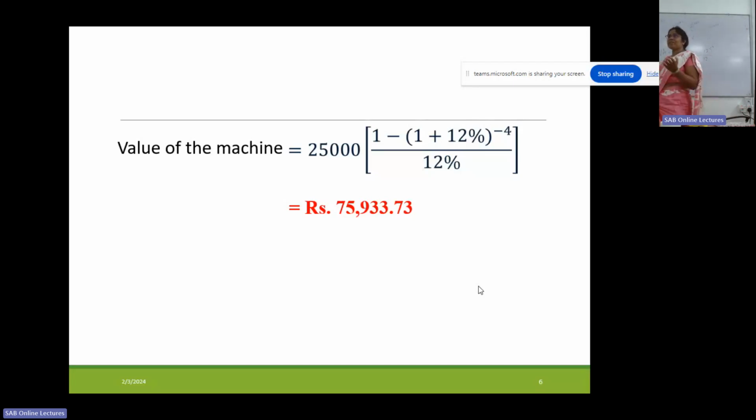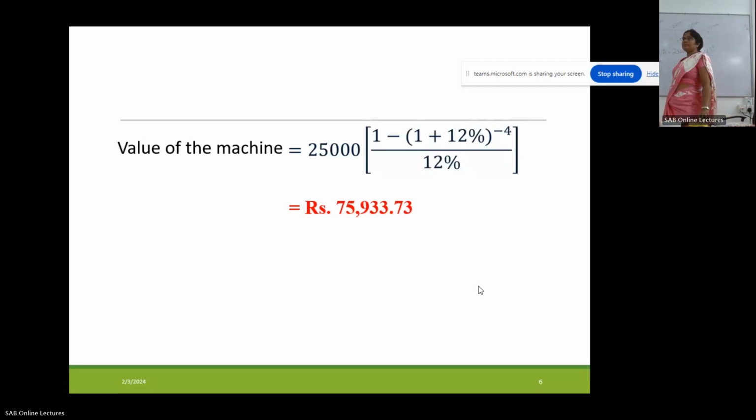The machine has a 4 year lifetime, and annually it will generate 25,000 inflow. In the marketplace, if you can purchase this machine for 80,000, in the marketplace you can buy.